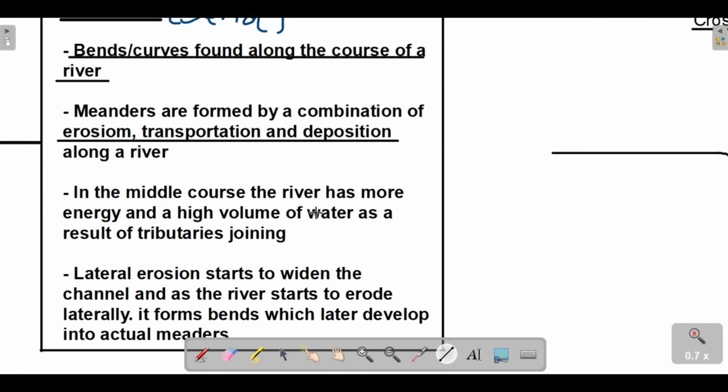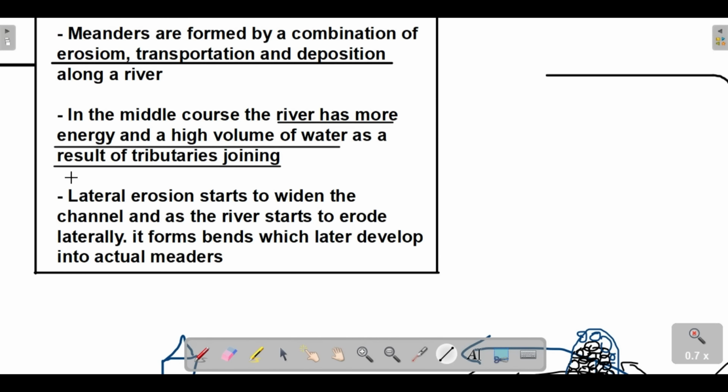So we're saying here in the middle course, the river has more energy and high volume of water as a result of tributaries joining. And so lateral erosion starts to widen the channel and the river starts to erode laterally.